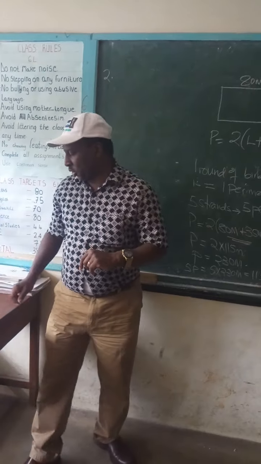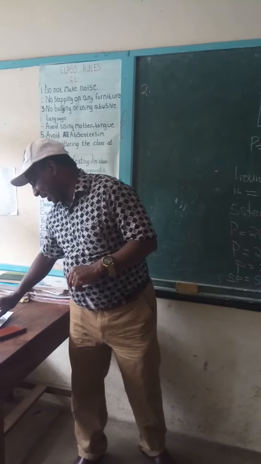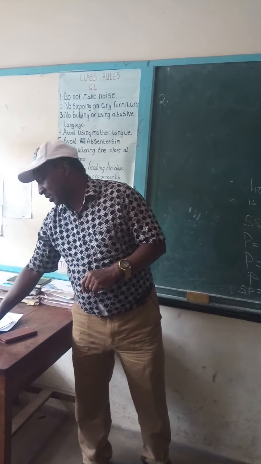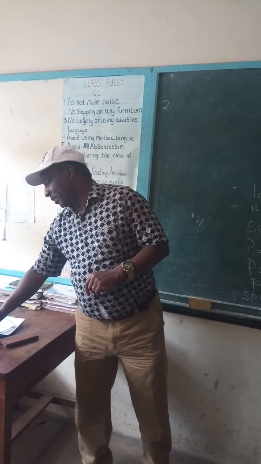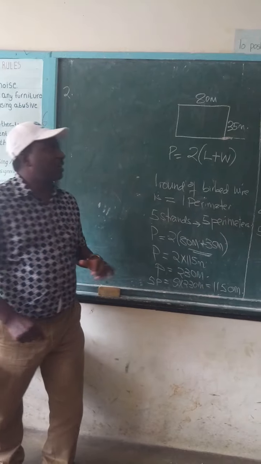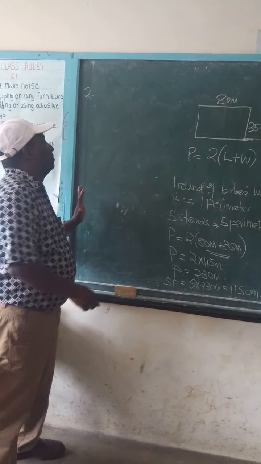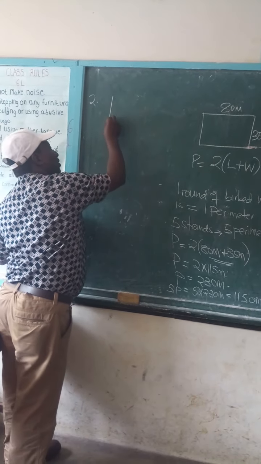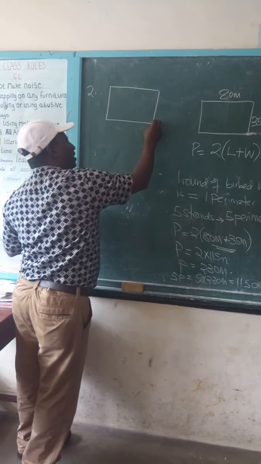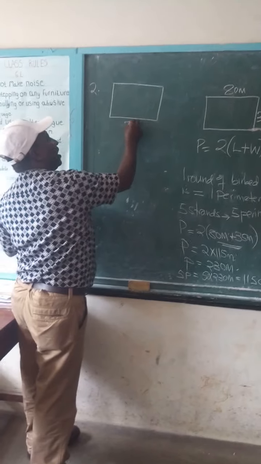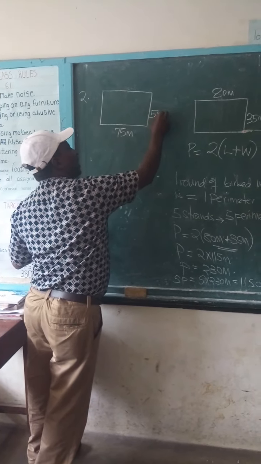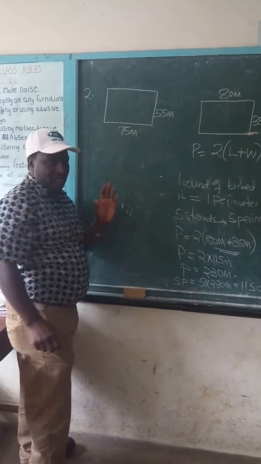Great. So number 2 will be a case where we have a question where we have a small gate. Now this time we have a rectangular field, 75 meters by 55 meters wide.